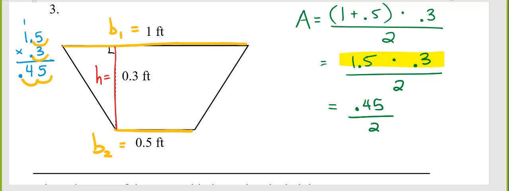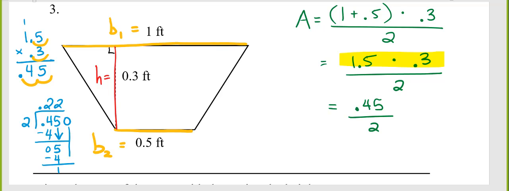And then I want to divide that by 2. So I go over here. 0.45 divided by 2. Bring the decimal up. 2 goes into 4 2 times. 2 times 2 is 4. I do my subtraction, bring down the 5. 2 goes into 5 2 times for 4.